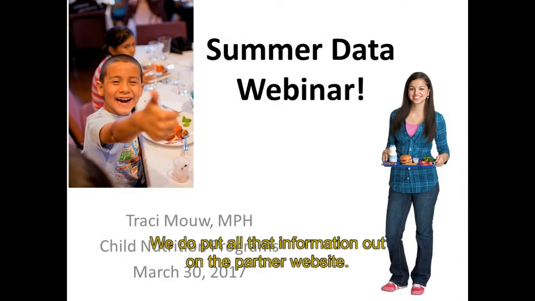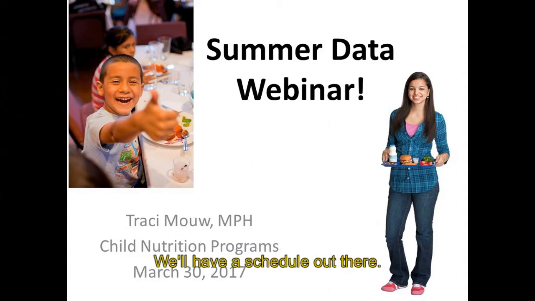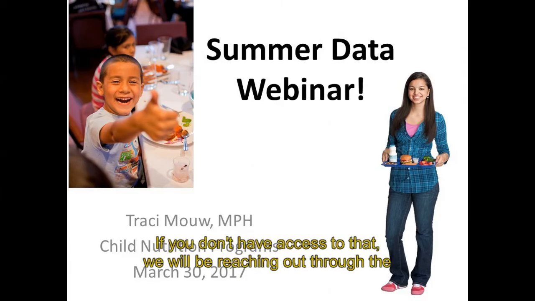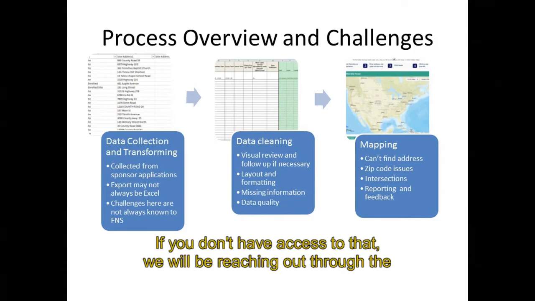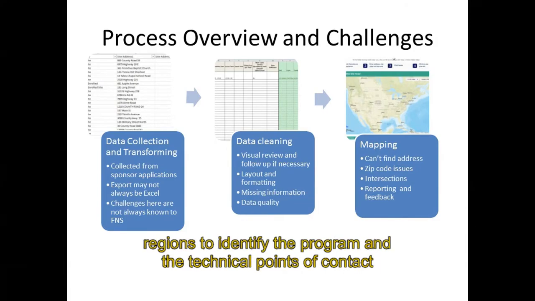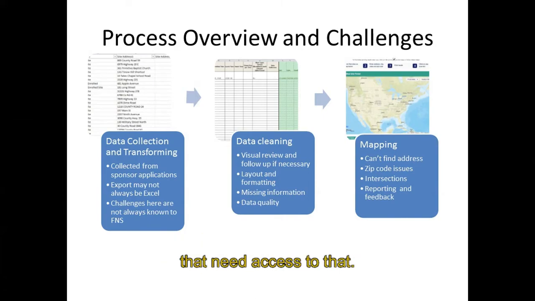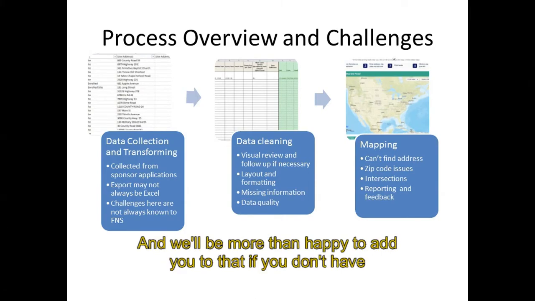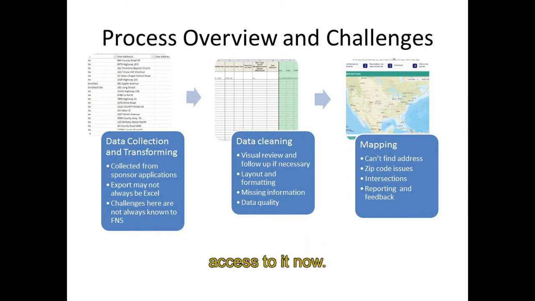We do put all that information out on the partner website. We'll have a schedule out there. We're updating that now. If you don't have access to that, we will be reaching out through the regions to identify the program and the technical points of contact that need access to that. And we'll be more than happy to add you to that if you don't have access to it now.